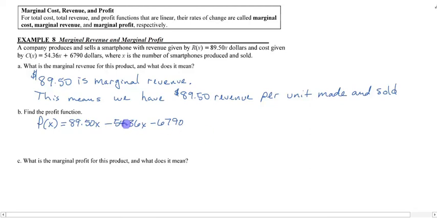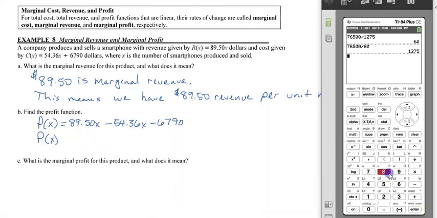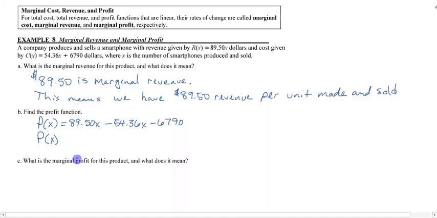Make sure that you subtract that entire function in parentheses. Let's simplify here. Grab your calculator, I have 89.5 and I'm going to subtract 54.36 and I get 35.14. So 35.14x minus the 6,790. That's your profit function.